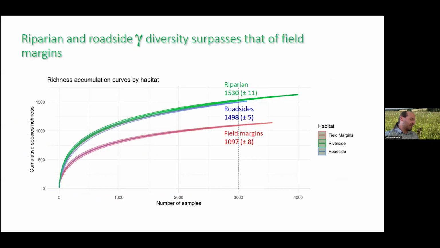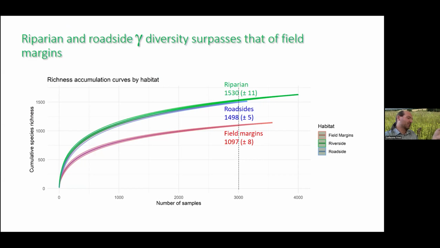So let's see some results now. On this slide, you can see the richness accumulation curves for the 3 ecosystems. You can see that riparian and roadside ecosystems have a much higher gamma diversity than field margins.